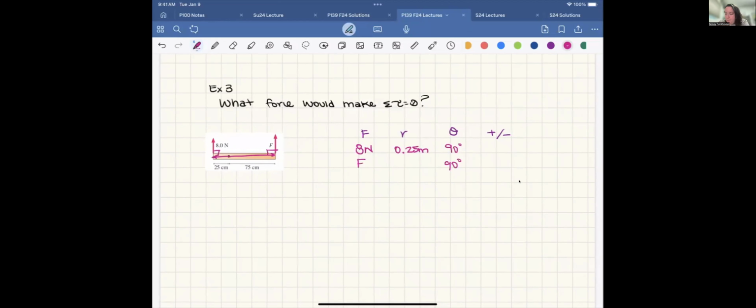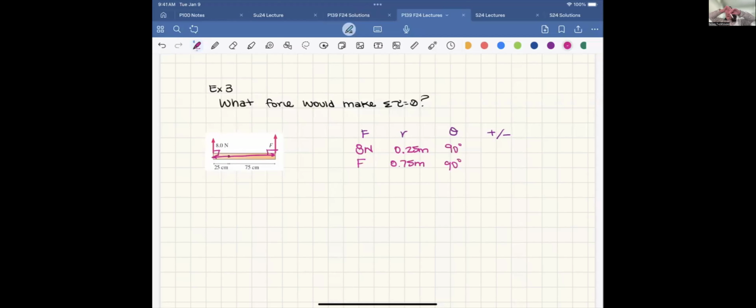This one is the force we're trying to figure out, and it is 0.75 meters from the axis of rotation. And then let's try the trick with our writing utensil, and hopefully this is the right direction for you in seeing the screen. If it's not, do it on your own and use it that way. Actually, I feel like for you guys, I might be doing this wrong.